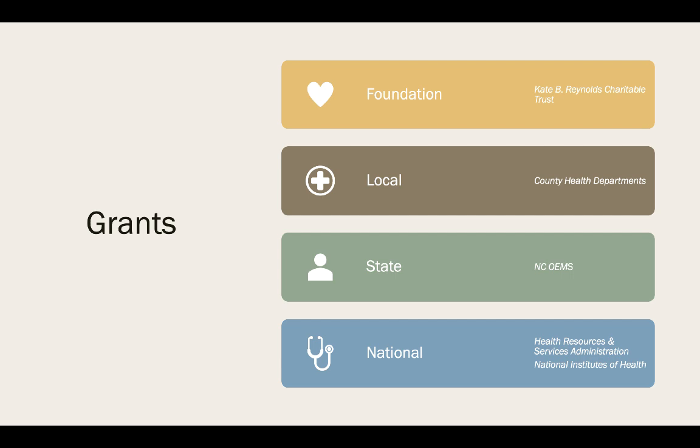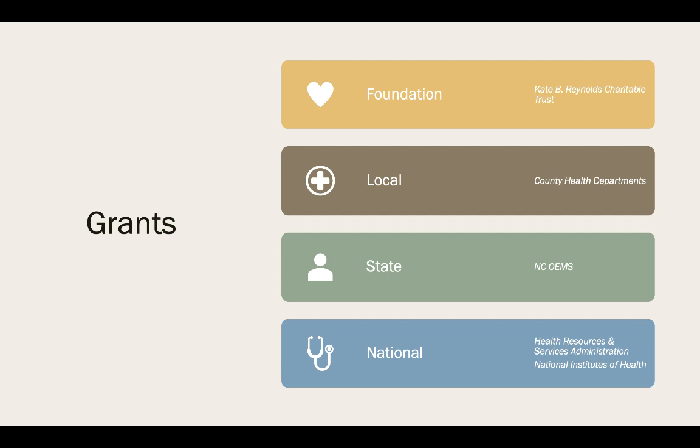Locally, your public county health departments, local health departments, city health departments might award grants. These would be usually smaller in amount, but they might award grants. On the state level, if you look at OEMS, you look at the State Department of Health and Human Services, they will issue grants on an annual basis, maybe a semi-annual basis.